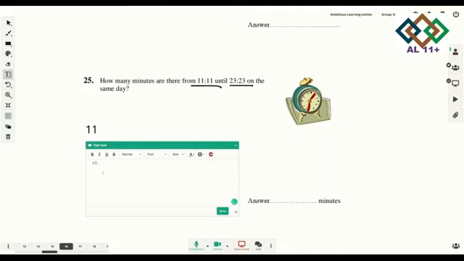You just need to write 11 all the way to 12, to 23.